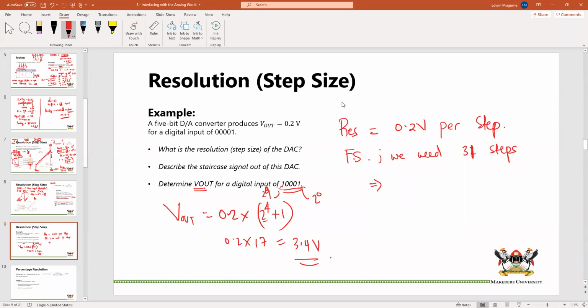So then we have 0.2 volts per step times 31 steps. You'll find that it depends really on the context how you put the units. They need to be able to make sense.